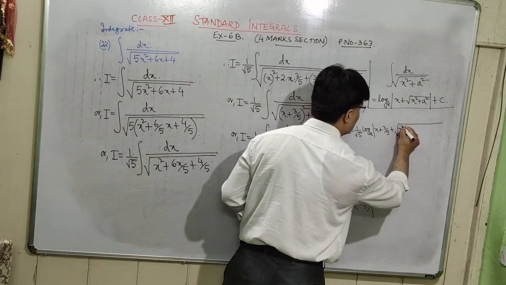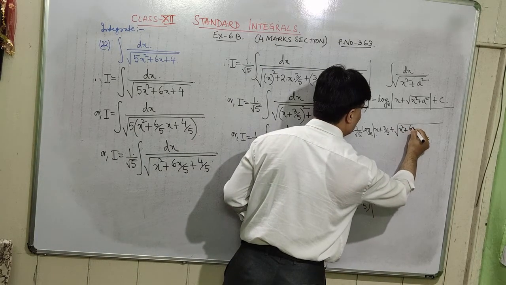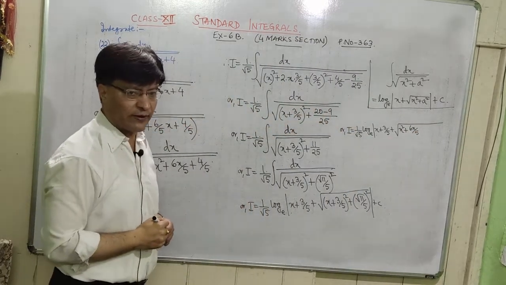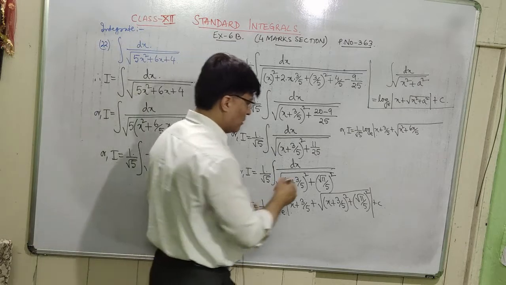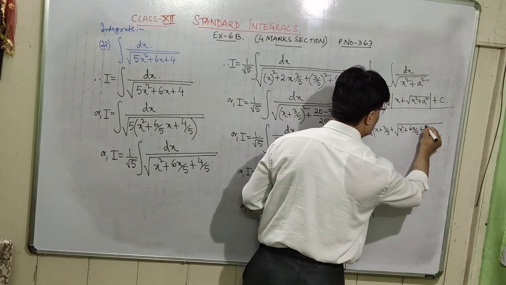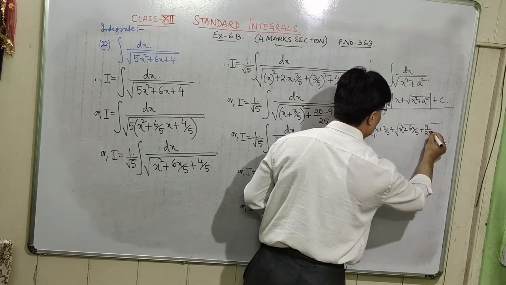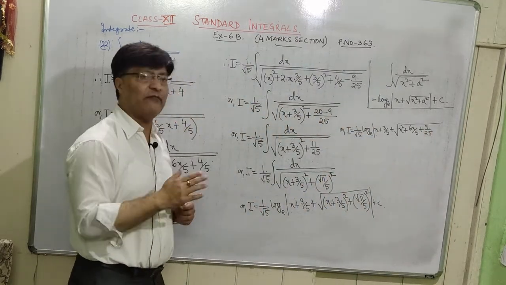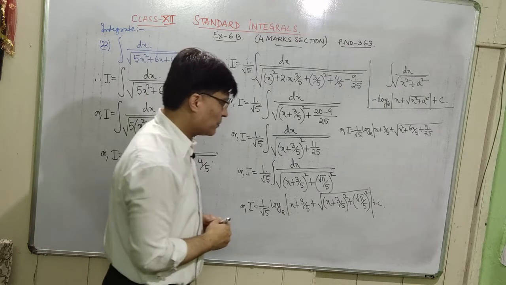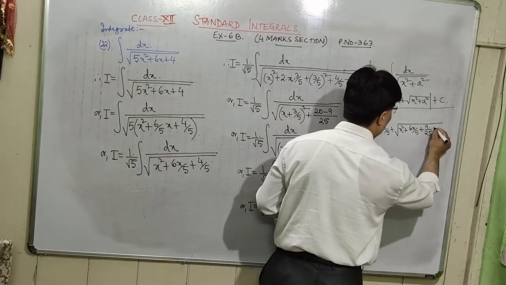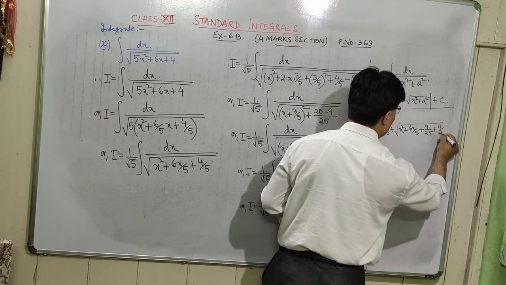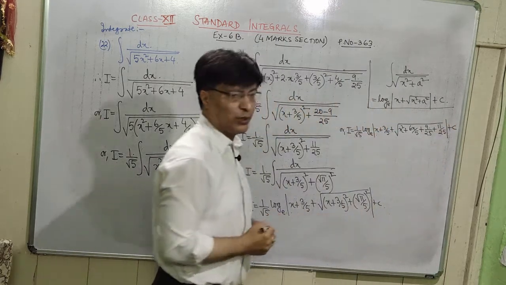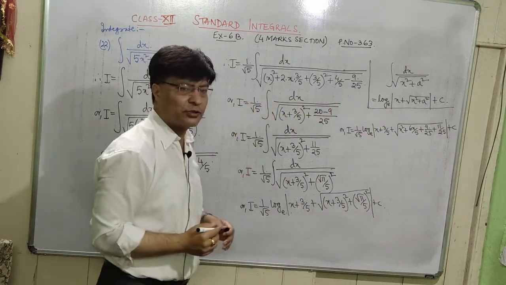So this is x square plus twice ab, what is twice ab here? It is 2 into x into 3 by 5, that is 6x by 5. Plus b whole square, which is 3 by 5 whole square, that is 9 by 25. Plus root over 11 by 5 whole square, that is 11 by 25. Mod sign closed plus c.